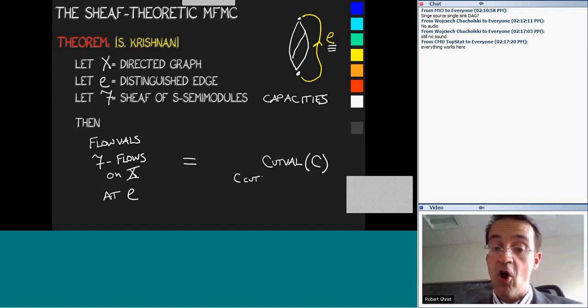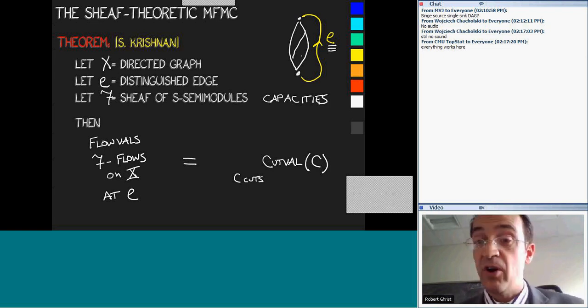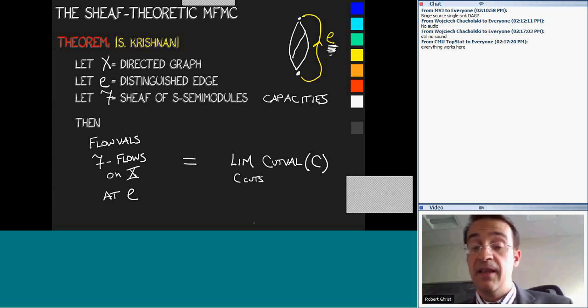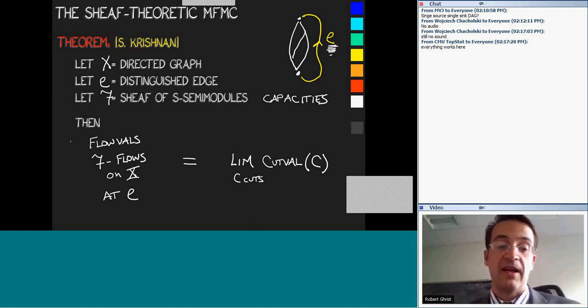I'm going to take all cuts that are what we will call E cuts, that go back to saying what happens at this edge. Minimum. We're a categorical limit. And look at that. When I look at the flow values, this is really a max. It's really looking at all possible values.